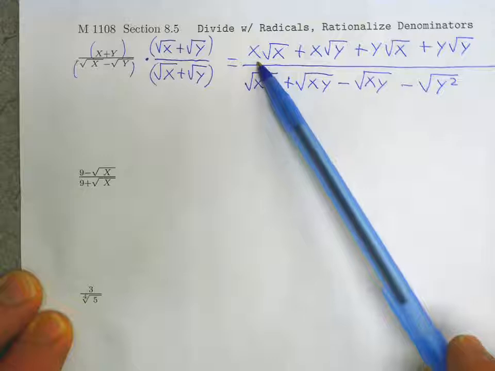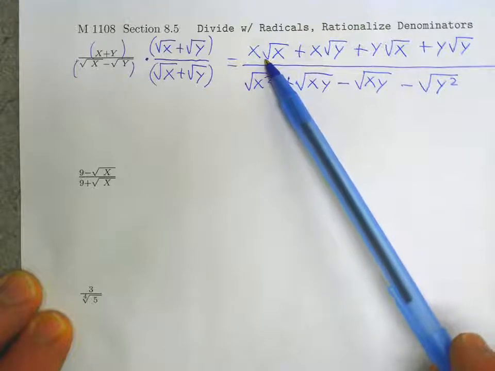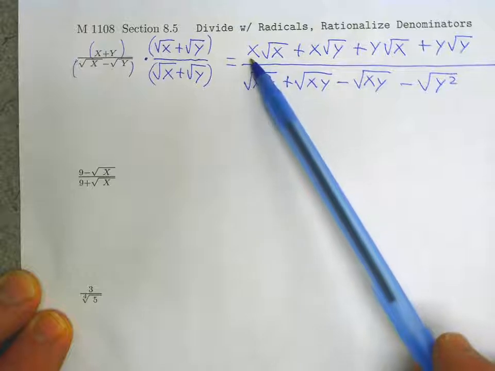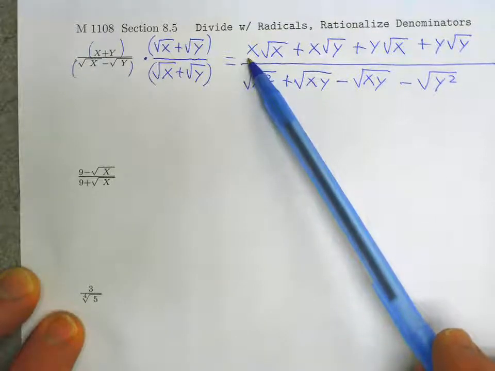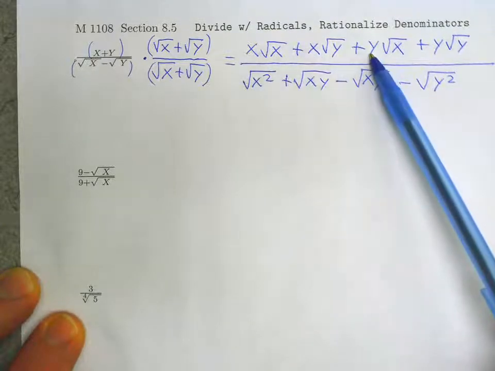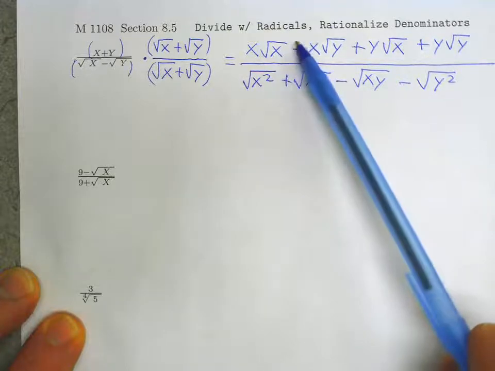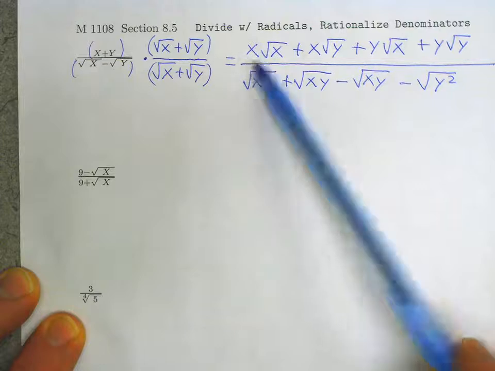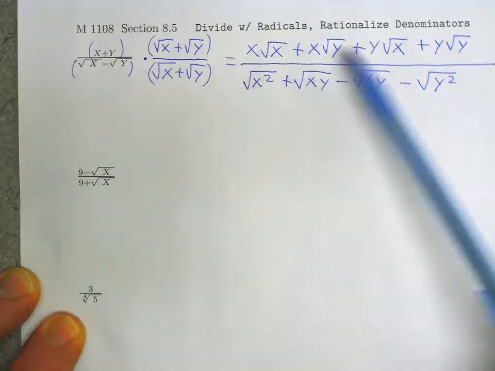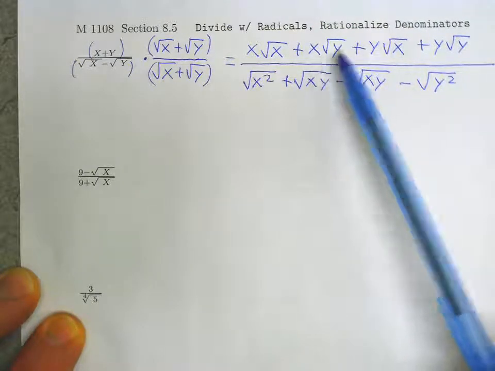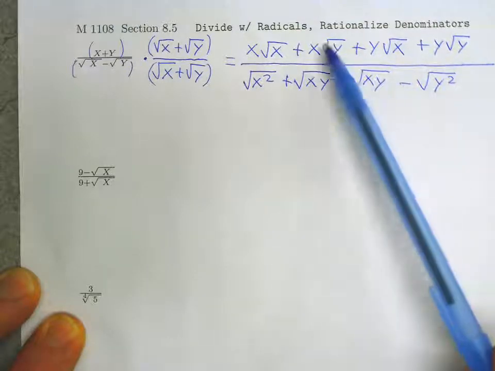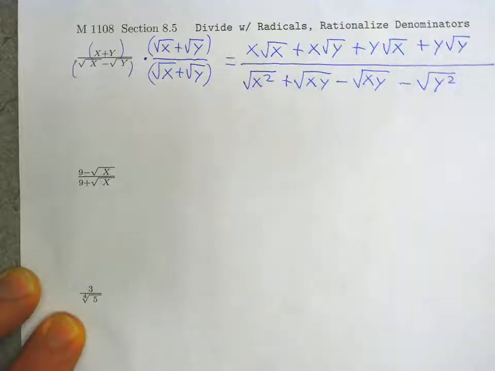This first term has a square root of x, and the third term also has a square root of x, but the variable x on the outside of this one is different than the variable y. So the first term and the third term are not like terms. They cannot be combined by adding. The same observation applies to the second term and the fourth term. So none of the terms can be combined by adding.